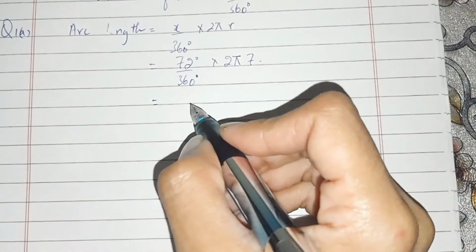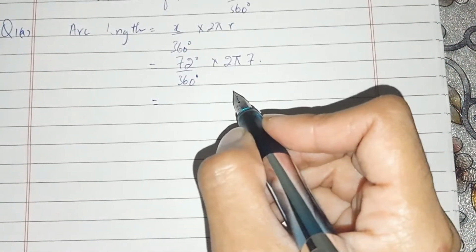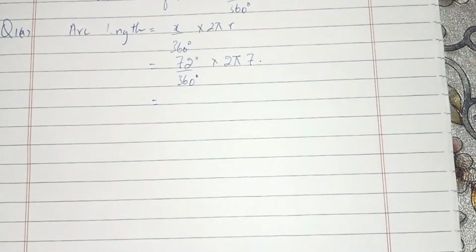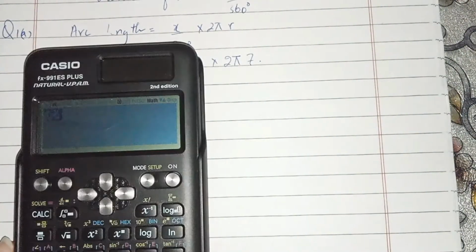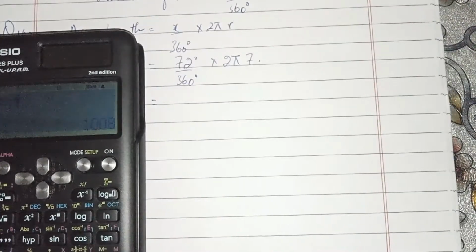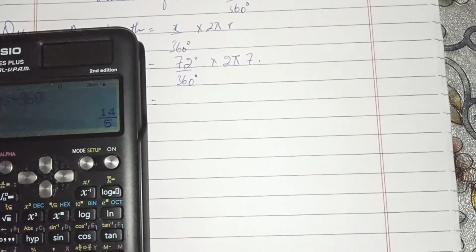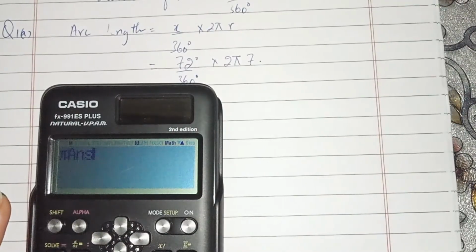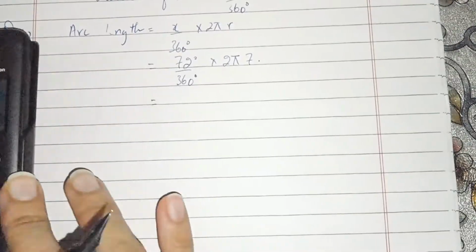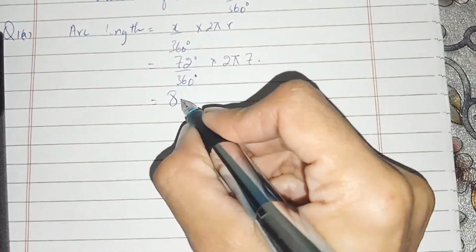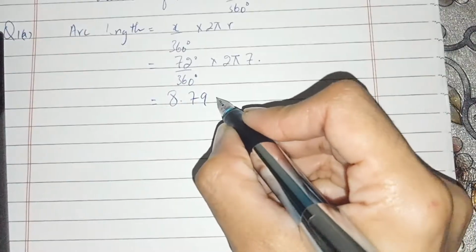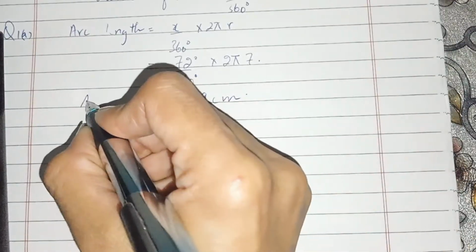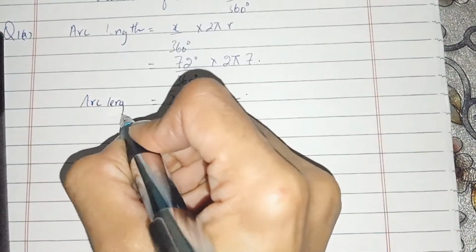Now we have to solve it: 72 multiplied by 2 multiplied by 7 divided by 360 and multiply by pi, and we get 8.79 centimeter. This is the arc length.